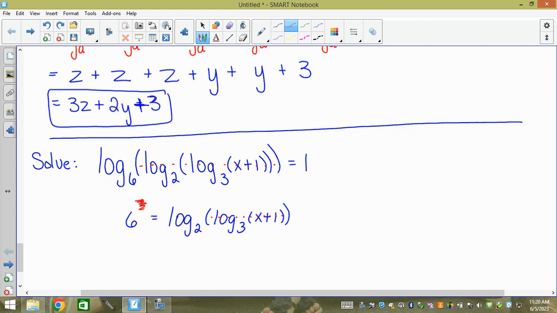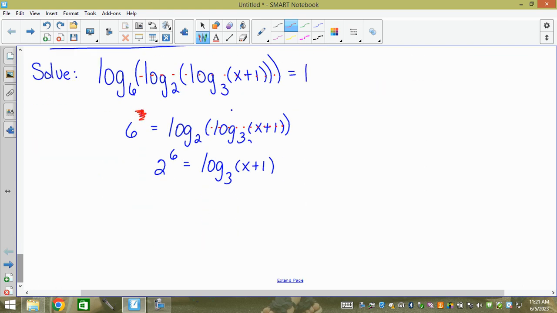I want to get rid of the log base 2 of the red dashed line equals 6. How do I convert this? Covering this up with my hand, 2 to the 6 equals the dashed line, right? 2 to the 6 equals log base 3 of x plus 1. What's 2 to the power of 6? 64. So now I get 64 equals log base 3 of x plus 1.